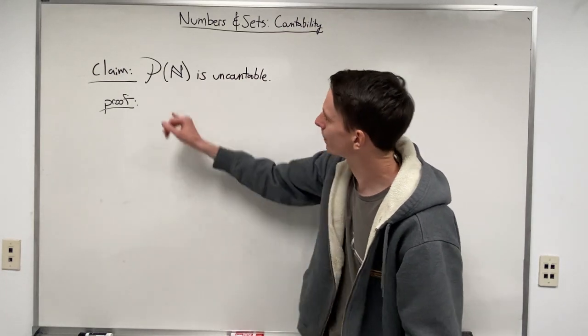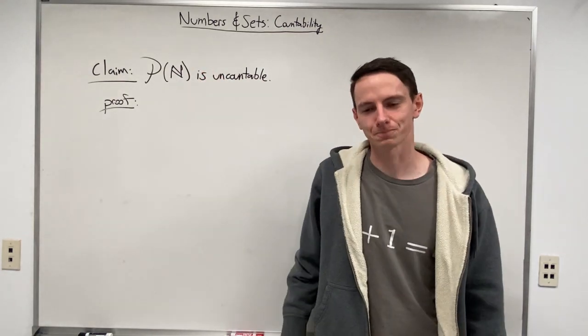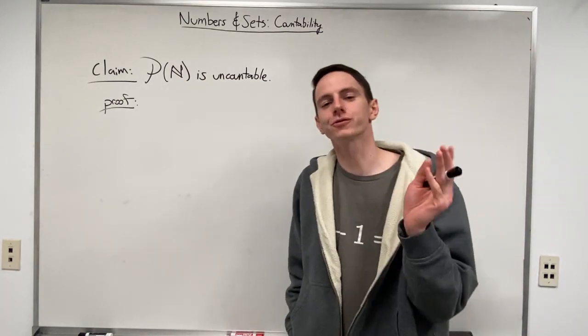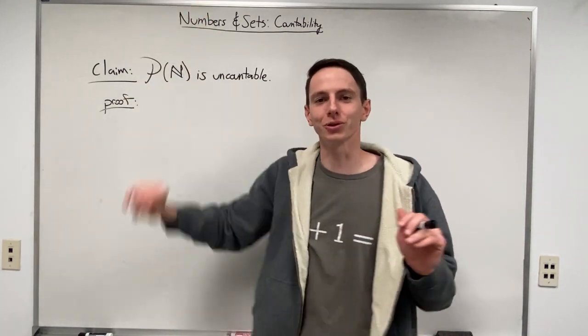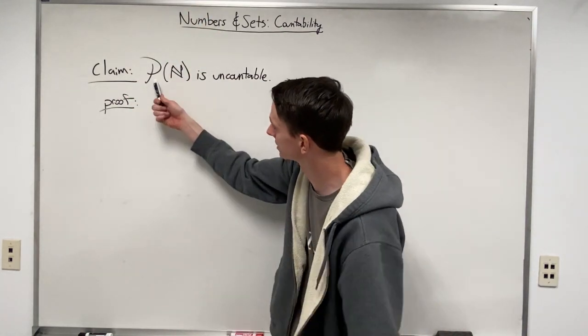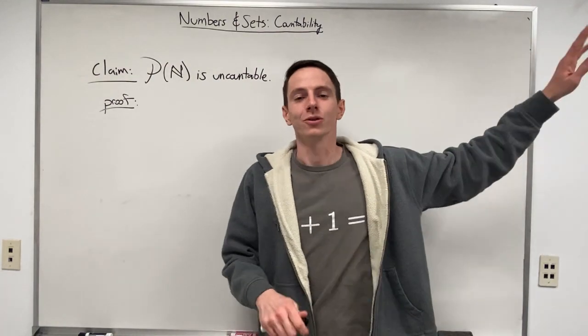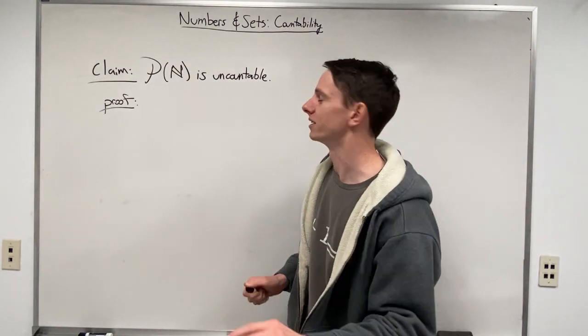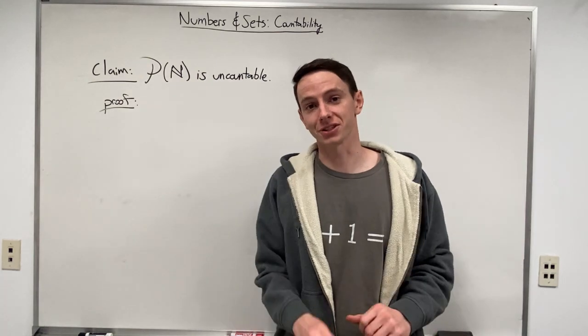And here it says that P of N is uncountable. Let's first remind ourselves what this curly looking P is. This is the symbol that we used way back when talking about sets. This is the symbol for the power set.